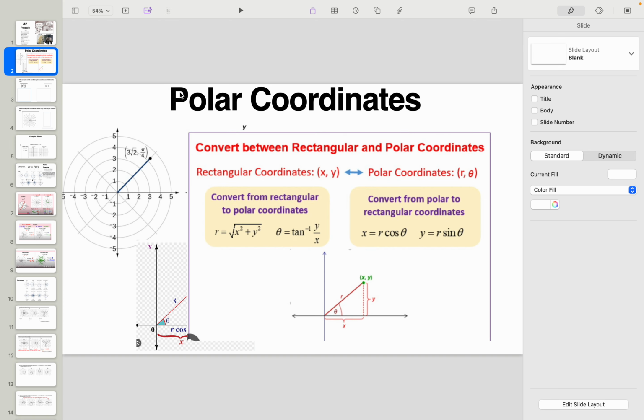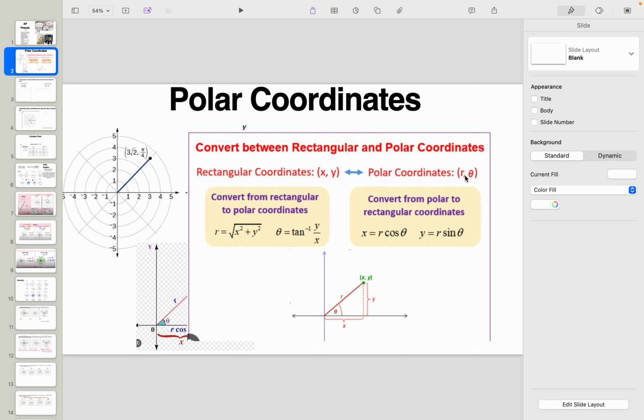All right, so just as a review of polar coordinates, we can take this polar plane and place it onto a rectangular Cartesian plane, as we can also call it. It's important to keep in mind what's happening here. In rectangular coordinates, we're looking at x and y.